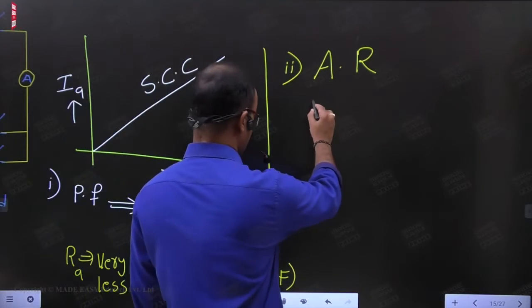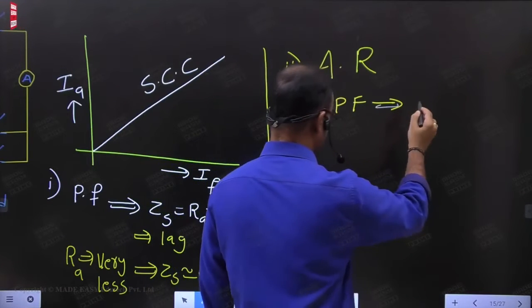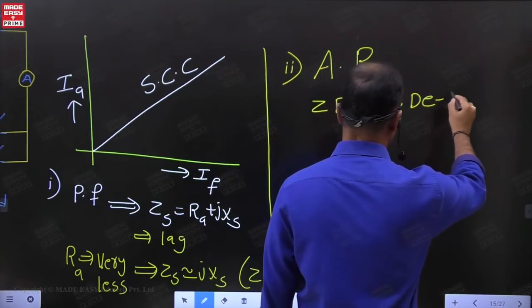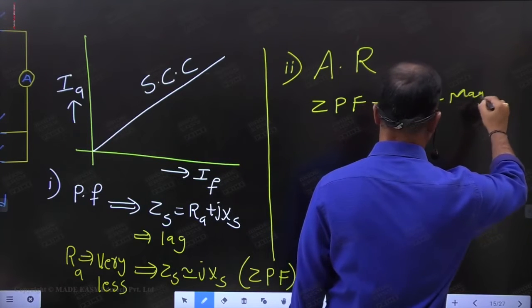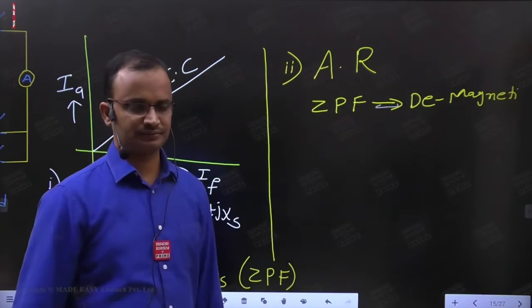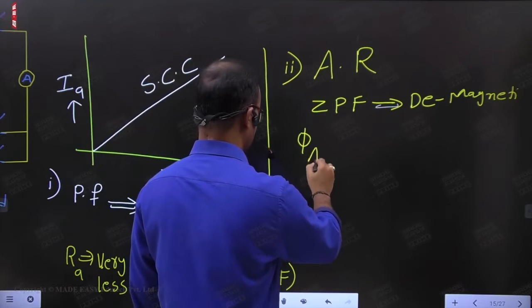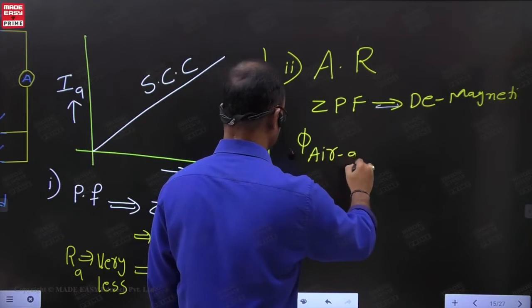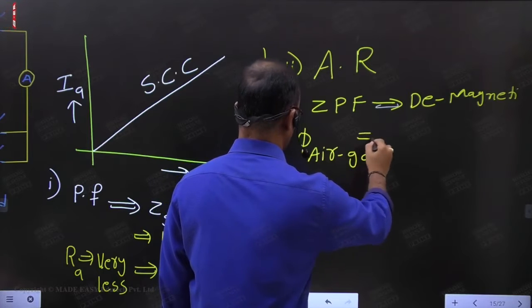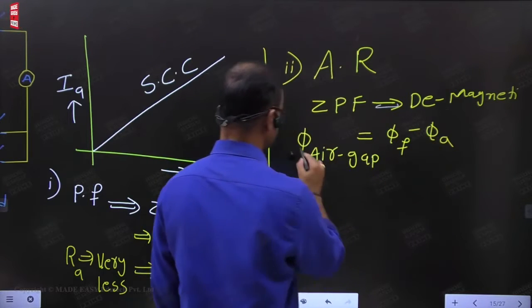Previously we already concluded, if you are getting approximately ZPF, what is the nature of armature reaction? It is demagnetization. That means in the short circuit test, we can conclude the resultant flux is equal to field flux minus phi a.